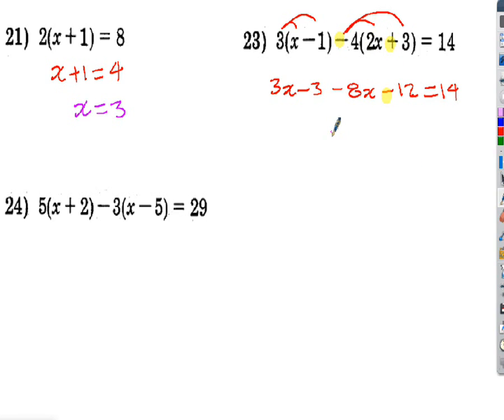Collating my like terms on the left hand side, 3x minus 8x, that's negative 5x, and then negative 3 take away the 12 is negative 15. On the right hand side I've still got the 14. Now I'll add 15 to both sides of the equation.